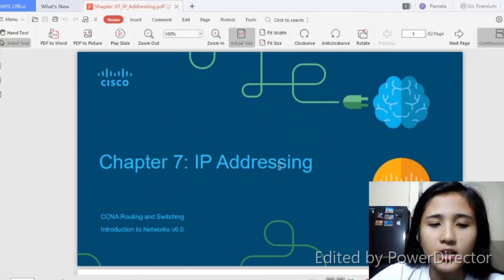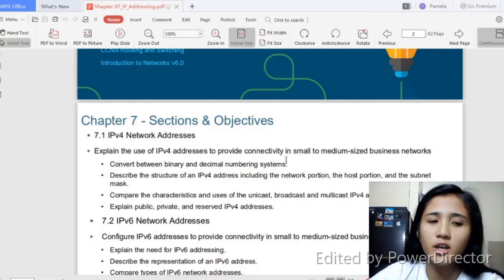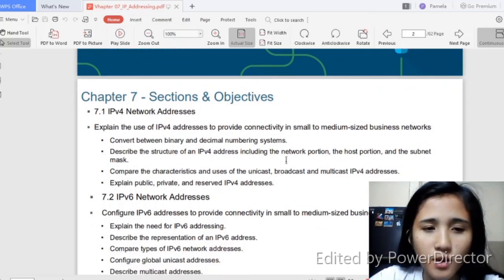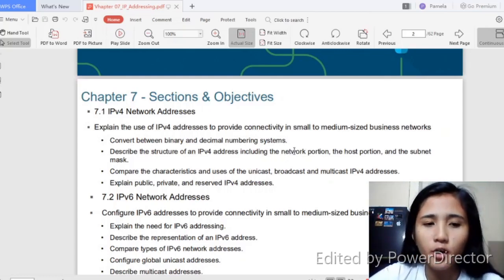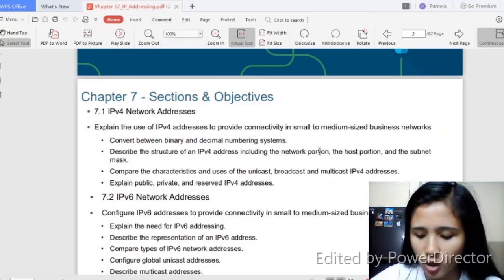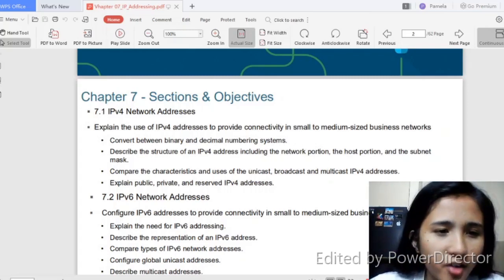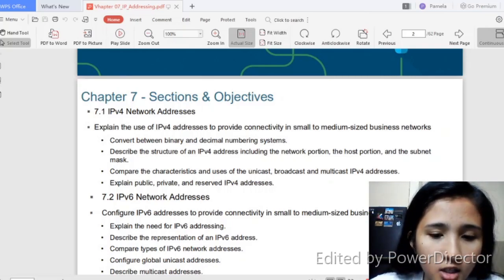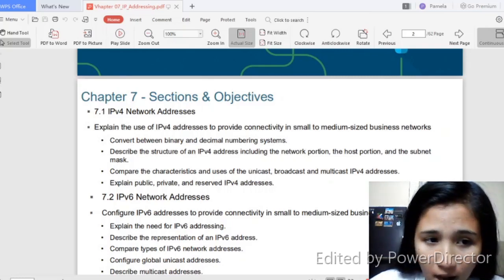So, IP addressing. The objectives and sections of this chapter are to explain the use of IPv4 addresses to provide connectivity in small to medium size business networks, convert between binary and decimal numbering systems, and describe the structure of an IPv4 address, including the network portion, the host portion, and the subnet mask.